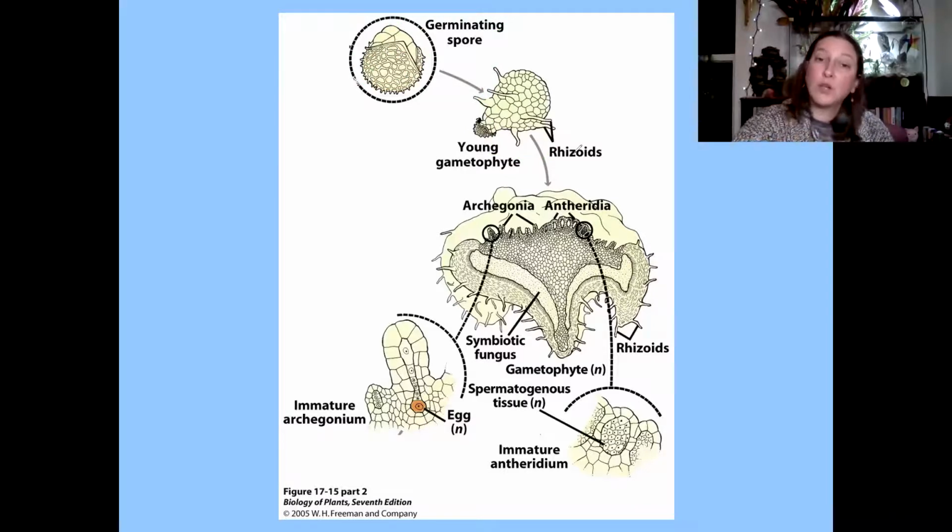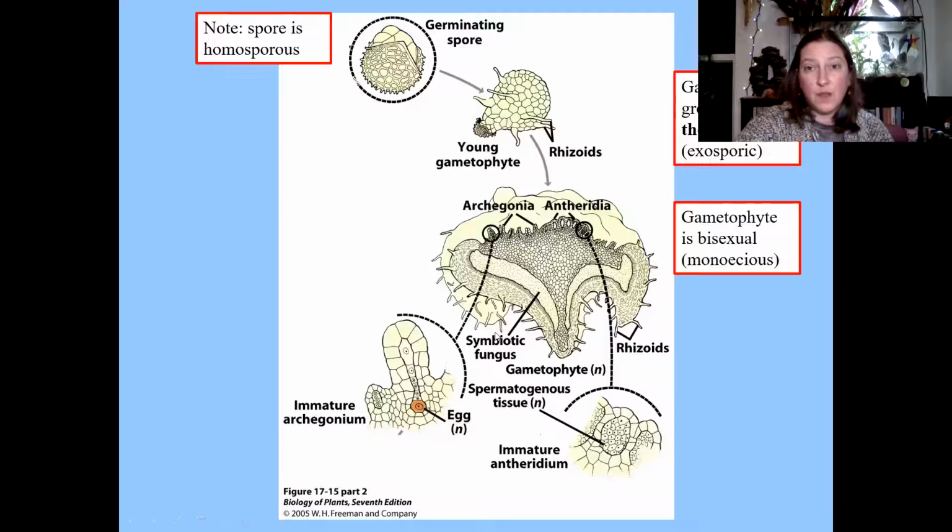If we were to look closer at that gametophyte plant, we would see the female sex organs, male sex organs. Eventually the sperm and egg will come together. This is just a note when you're looking at the slides later: homosporous spores grow into bisexual or monoecious gametophyte plants, and the gametophyte plants grow outside of the spore wall, or ectosporic.